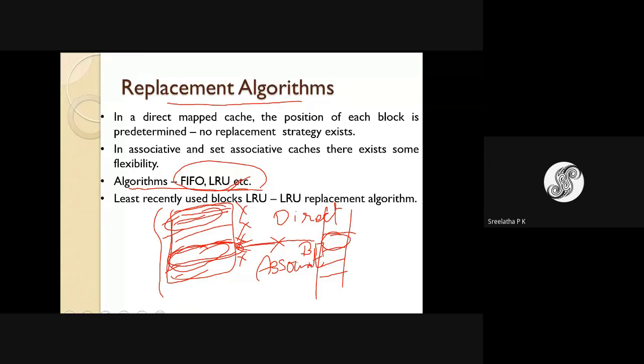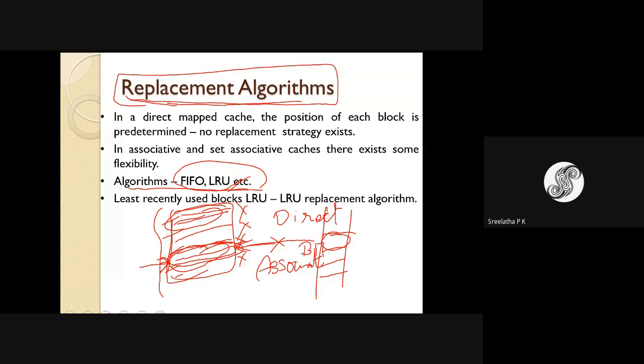Least recently used is the block which has not been used for a long time. The processor is not at all requesting that block's instructions. Such a block which is not used for a long time can be selected as the victim block. That is the replacement algorithm.